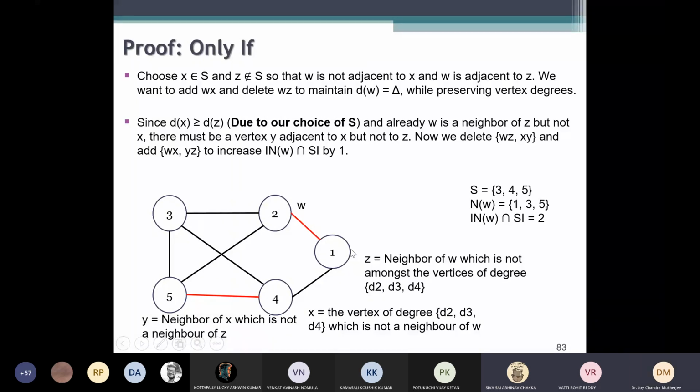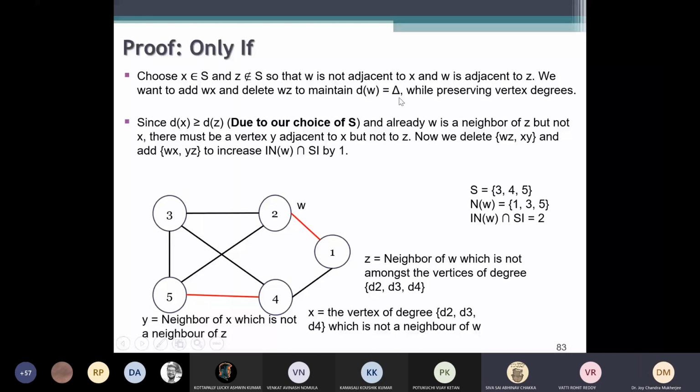So this is my x, this is my Z with respect to this picture. Now my objective is to add this Wx. We have to create an edge here and we want to delete this edge from here to maintain the degree of W as 3 while preserving the vertex degrees.